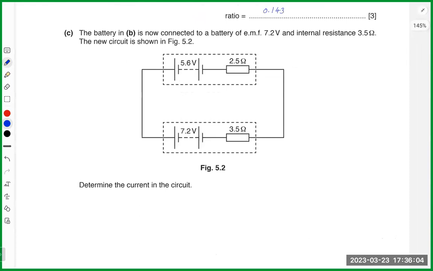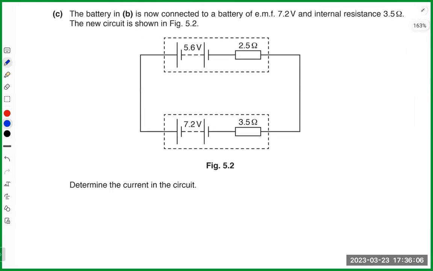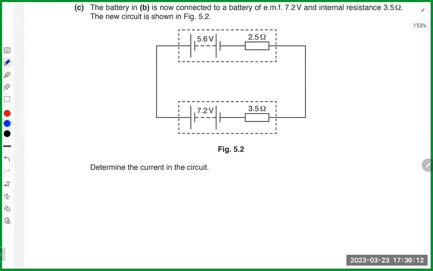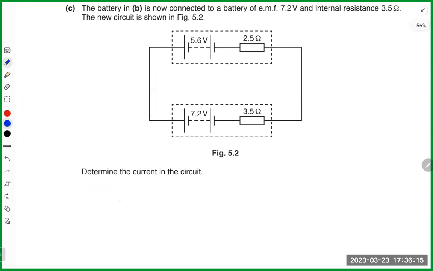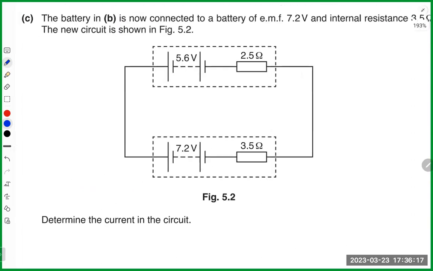Now, the thing is that both of the potential differences are against one another. So total potential difference is, let's say there is a current I. Potential difference across this one will be I into 0.25.